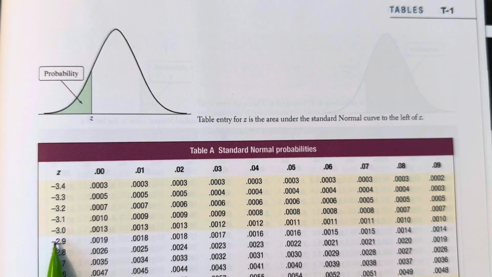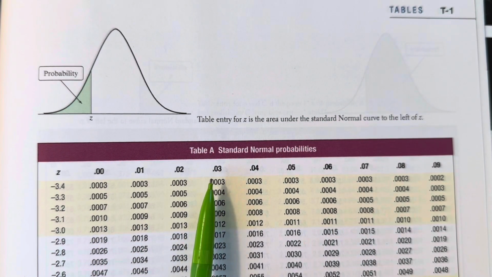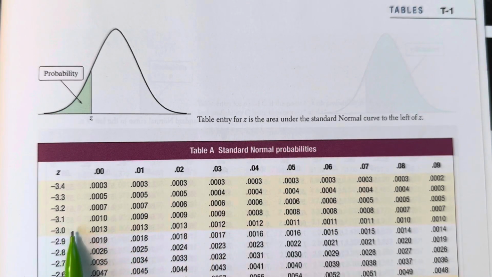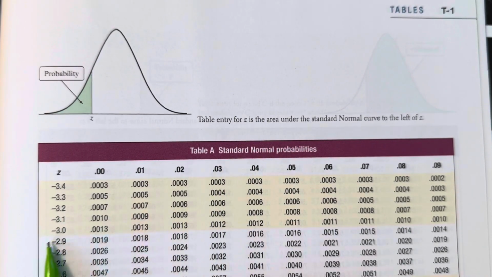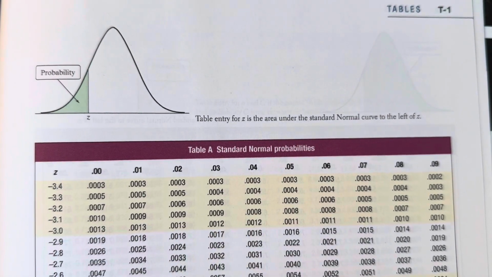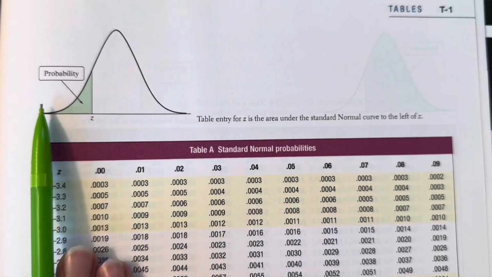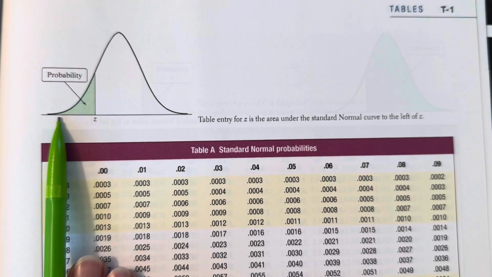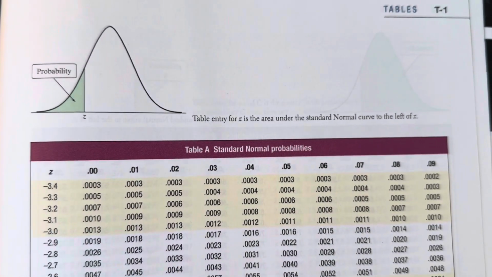If you follow these across and then down to match up the tenths place with the hundredths place behind the appropriate integer, then you can find the area under that specific left tail for the normal distribution, so the area to the left of that value.